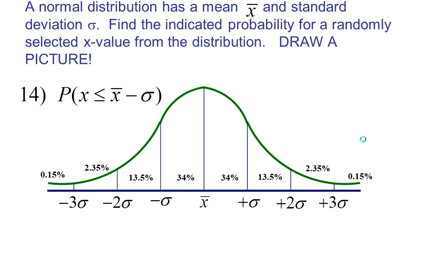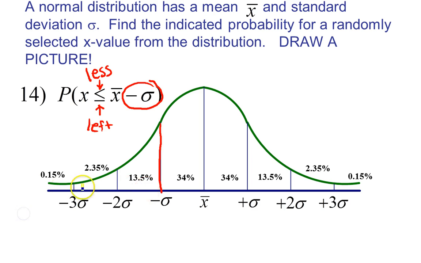Okay, what else? All right, look at number 14. Focus on this, -1 standard deviation. That is 1 standard deviation to the left. So we should be looking at this spot right here. This is a less than or equal to sign, which means we should be looking to the left of this -1 standard deviation.